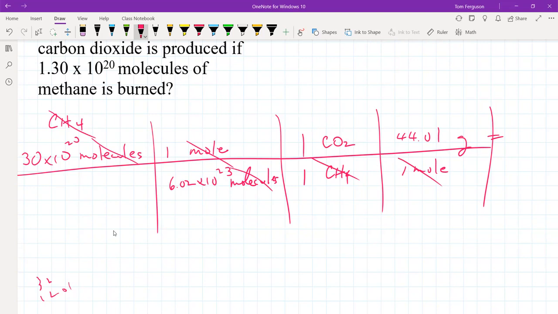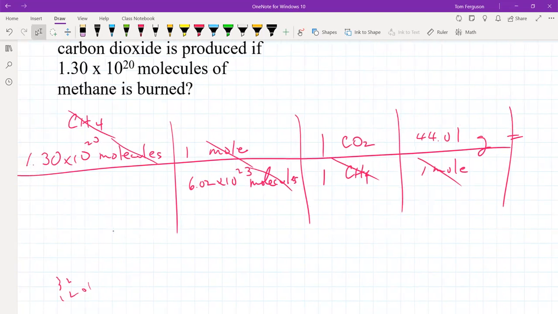Okay, we're looking at 3 sig figs, 3 sig figs, infinite sig figs, 4 sig figs. Your answer is going to have 3 sig figs in it.